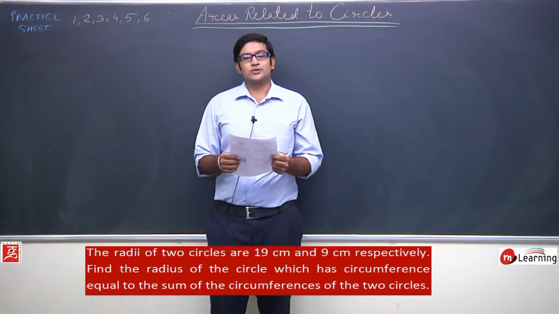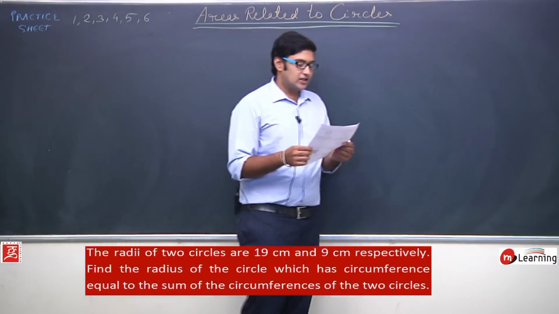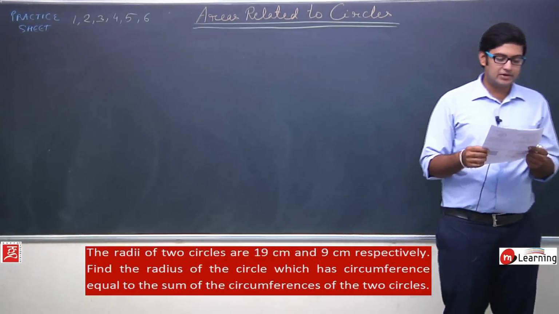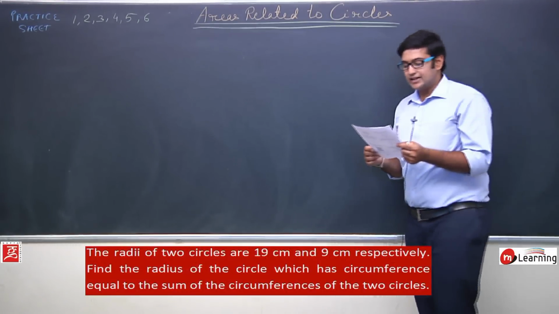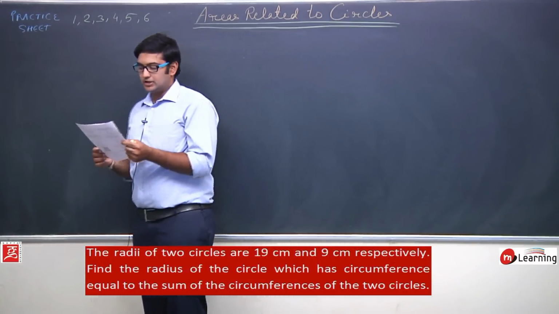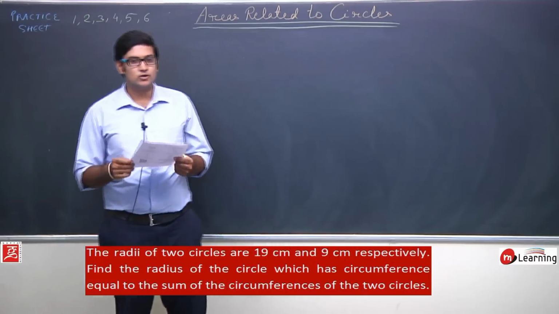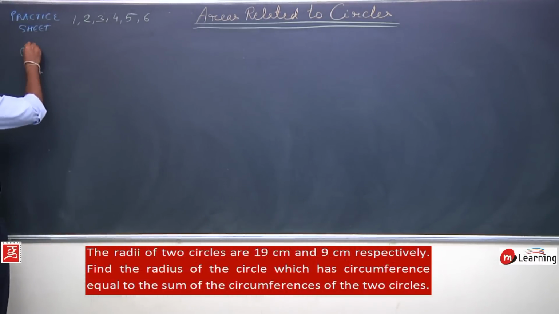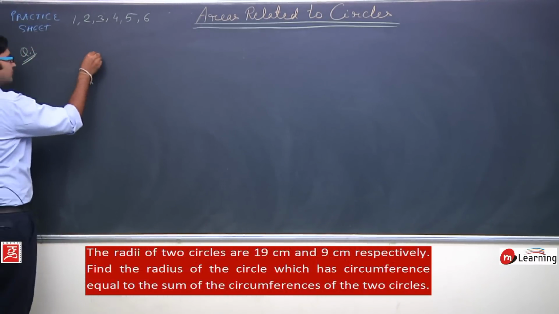First we will solve the first question of the practice sheet. It says the radii of two circles are 19 centimeters and 9 centimeters respectively. Find the radius of the circle which has circumference equal to the sum of circumferences of the two circles. So what the question says is, there are two circles.